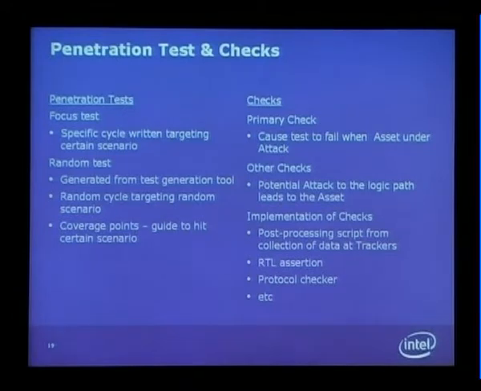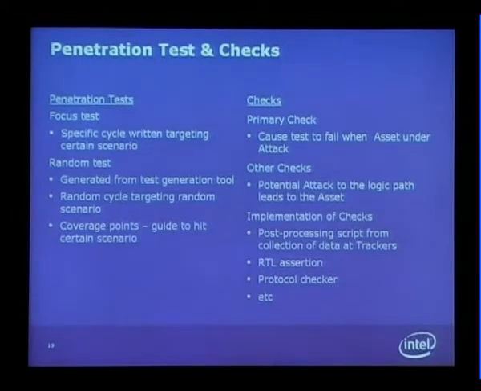On the check, there are many ways to implement the check. The primary check for security testing, of course, is we want to make sure the test fails when the asset is under attack. We can implement other types of check in the model.